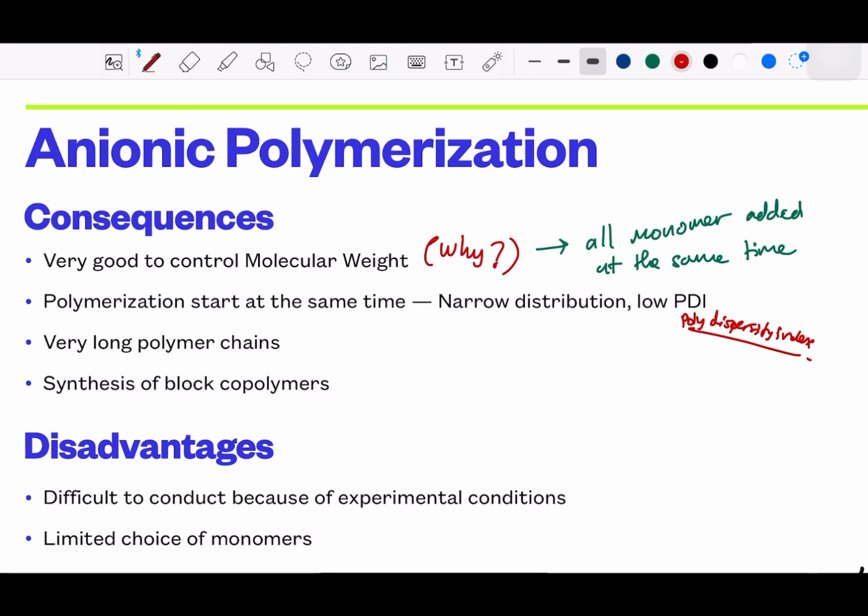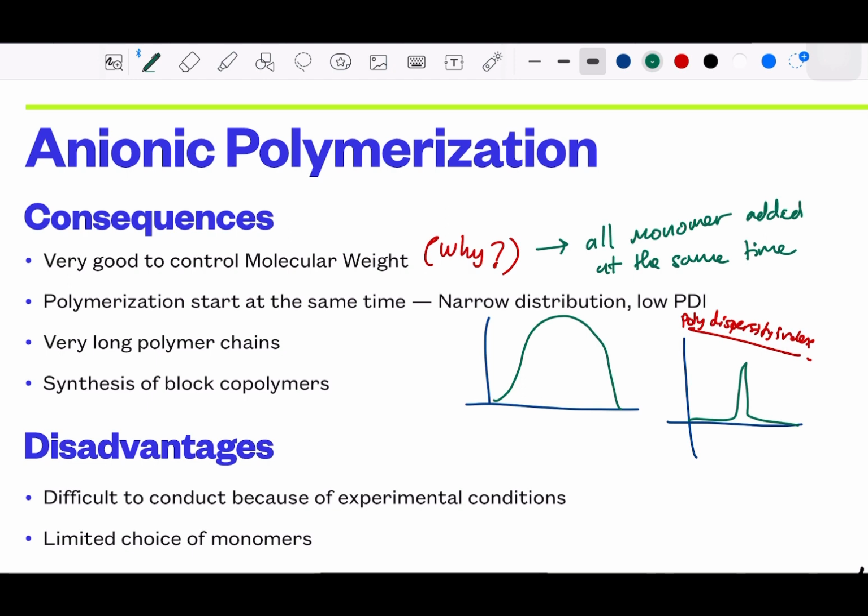For example, if I have a broad distribution and I buy that polymer, maybe the result is not really good, maybe it's small. This one is also small, but it has a low PDI. So consider we have this, and consider we have that.